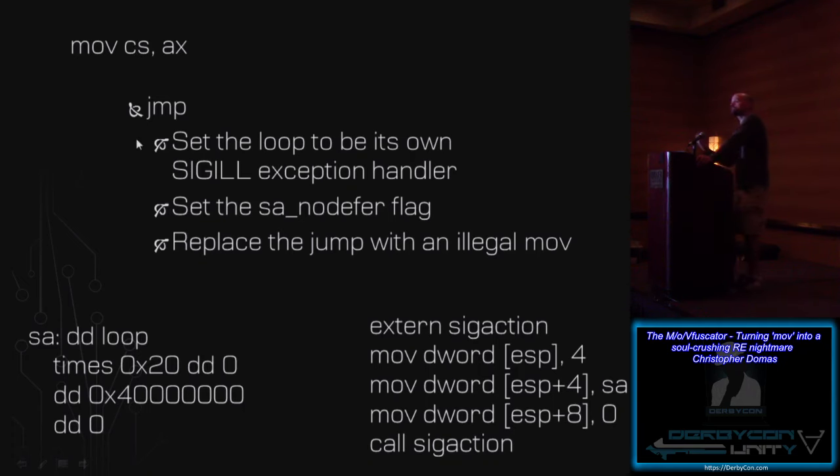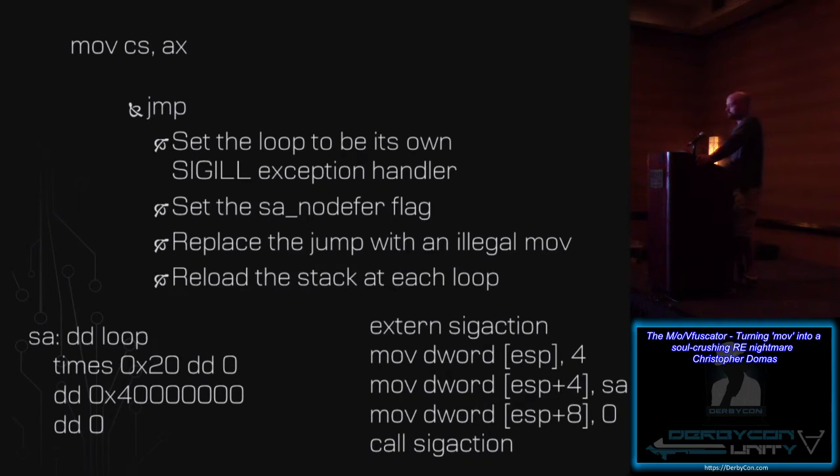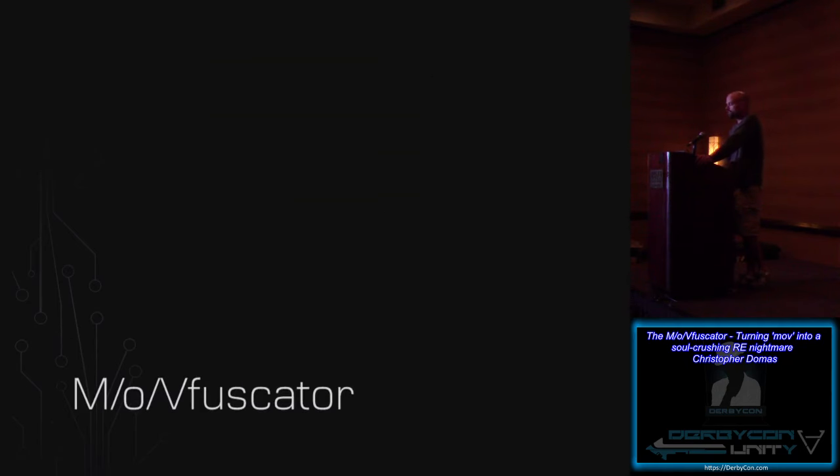So when that exception gets thrown, the program will try to handle its own exception, and it will loop back to the beginning of the program without having to use a jump. But that's going to cause recursive exception handling, so to prevent a stack overflow, the last key to the puzzle is to reload the stack pointer on every iteration of our program. But with that set of steps, we successfully get rid of that final jump instruction.